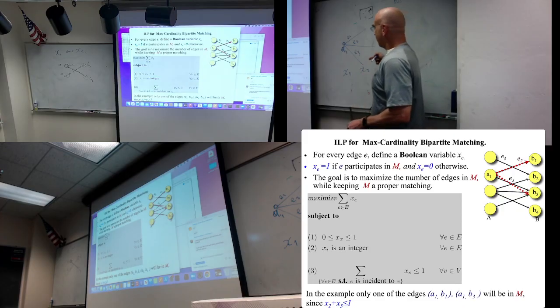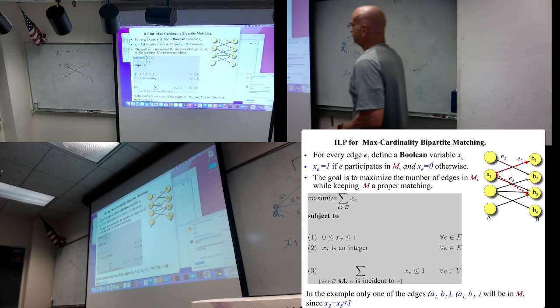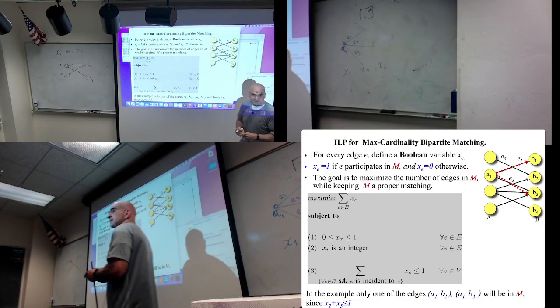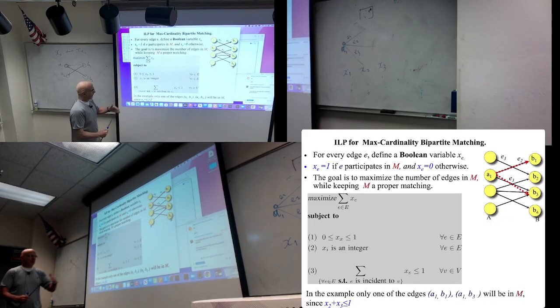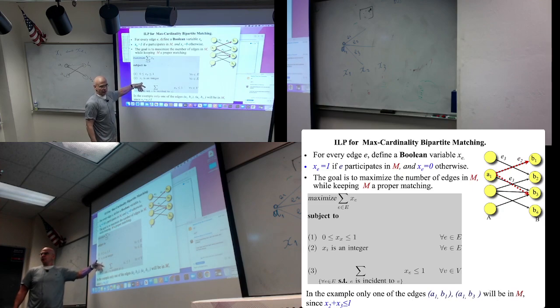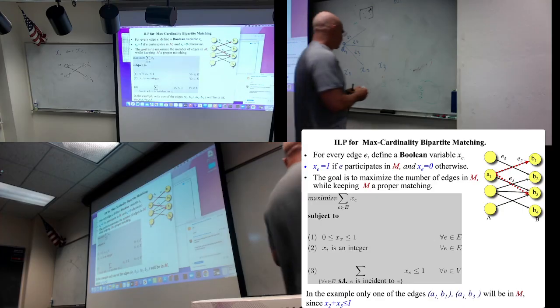How can we say that you can use at most one of the 3 edges? We want to say only one of the 3 values could be 1. But I want to express it as a linear constraint because it's still a linear programming, except that I'm only allowing integer solutions.